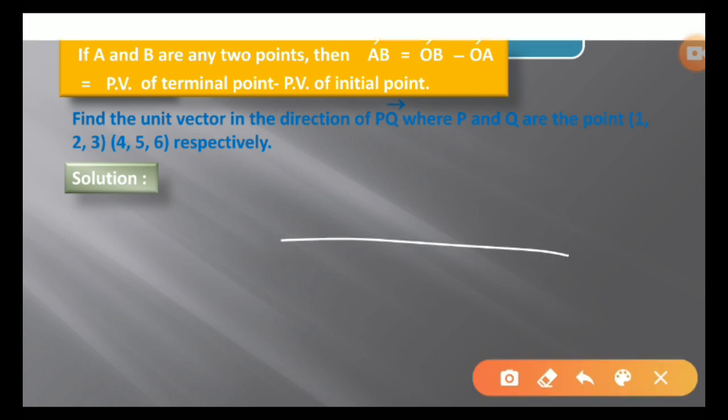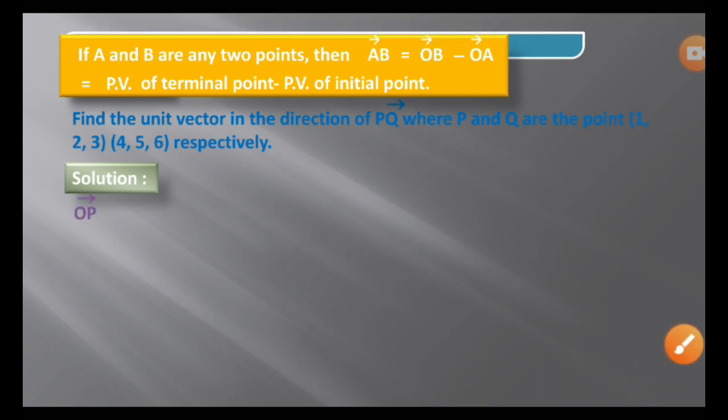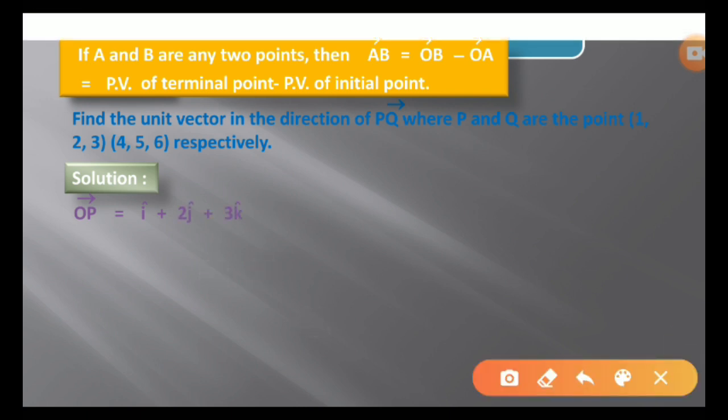Therefore, students, first we consider the position vector of the point P, which will be OP vector, equal to i plus 2j plus 3k by using the coordinates of the point.